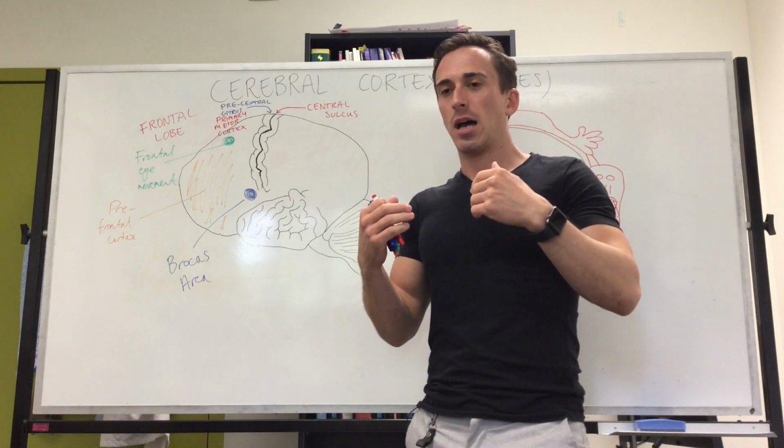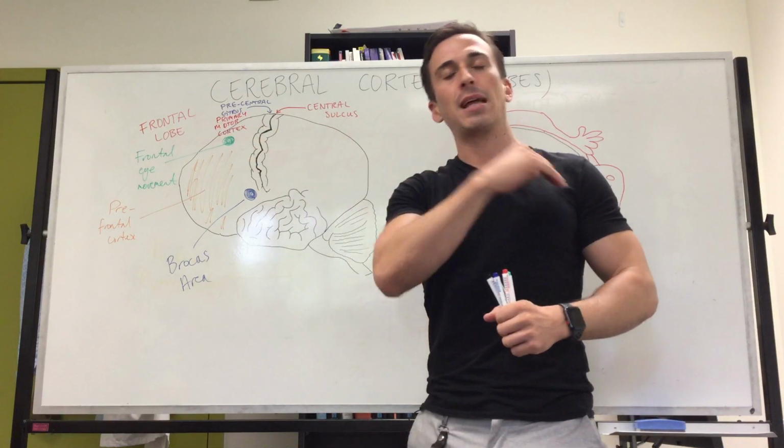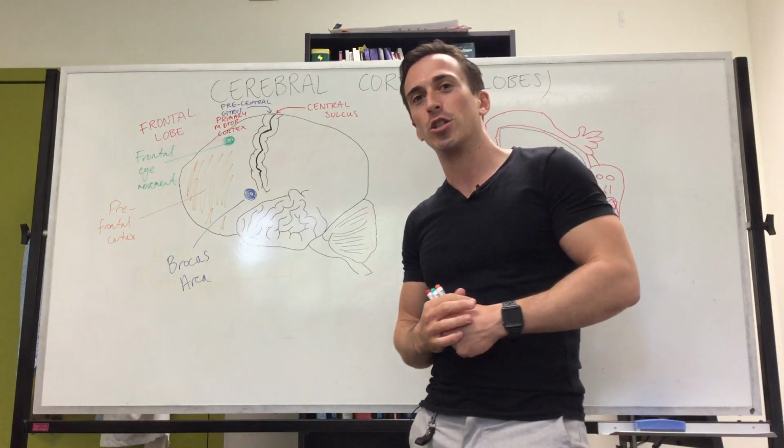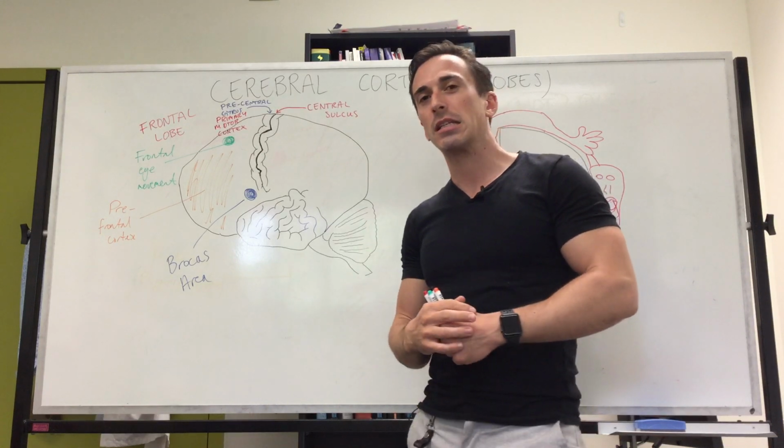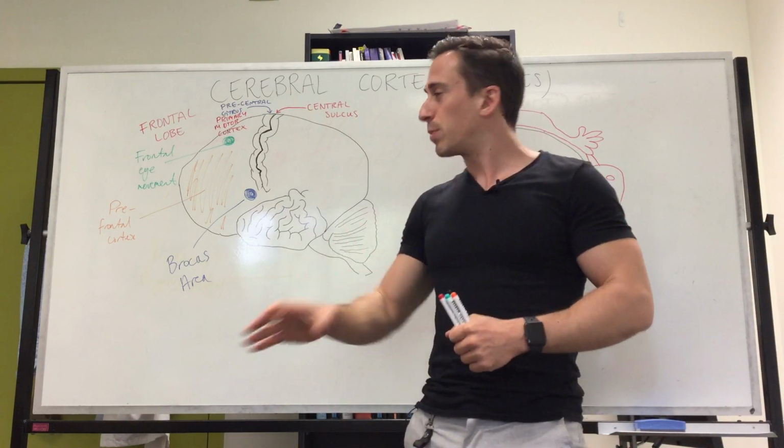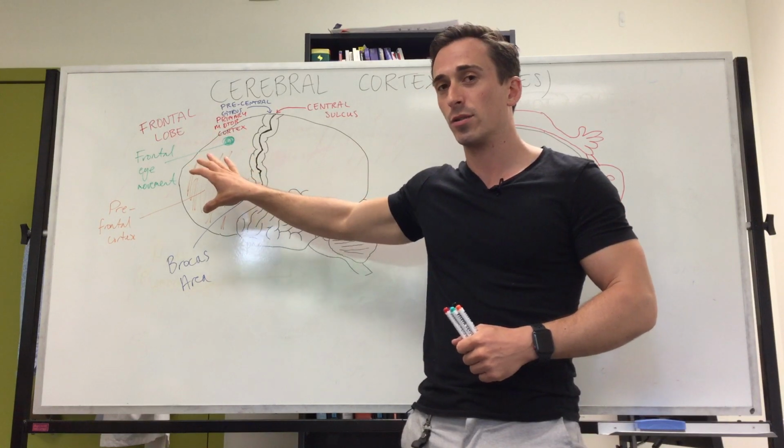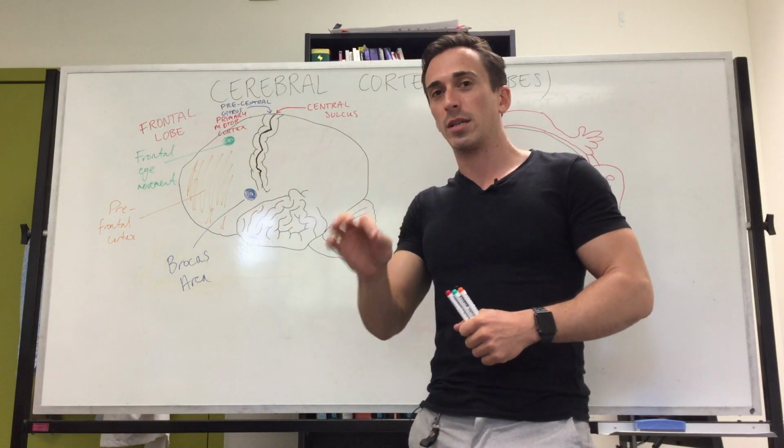How do you know not to just walk up to somebody, a stranger, and slap them in the face? How do you know not to say a particular thing to somebody in a particular context? It's because this prefrontal cortex tells us what is right within a particular context.